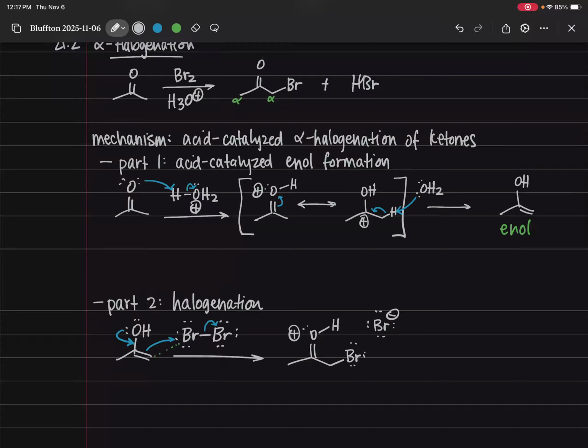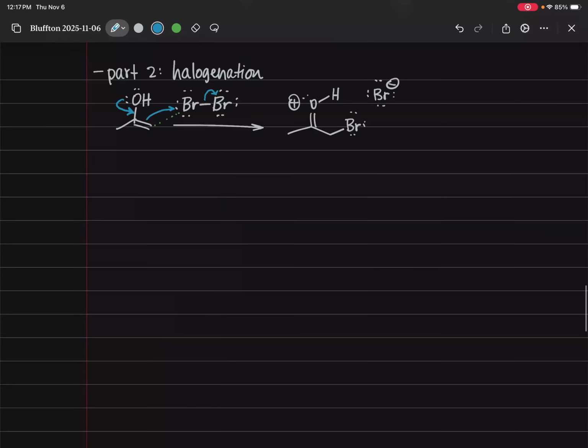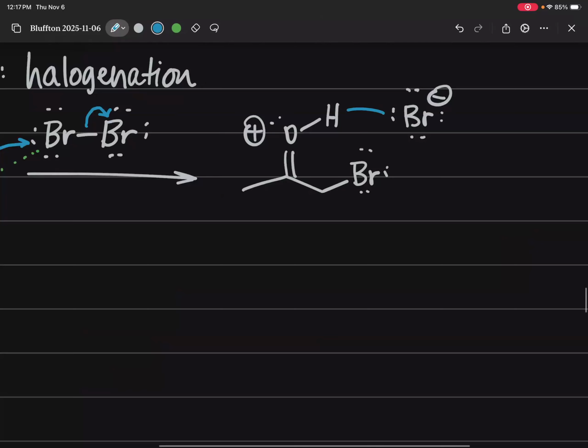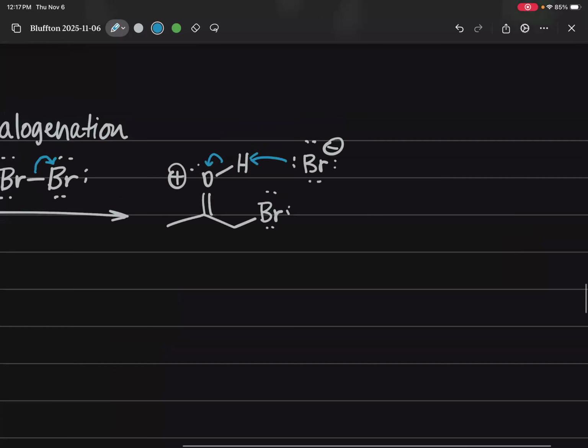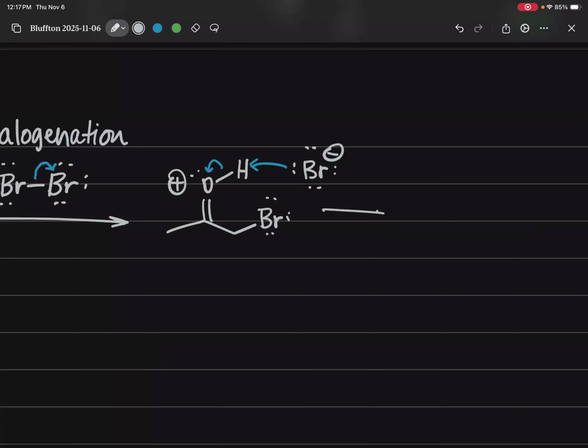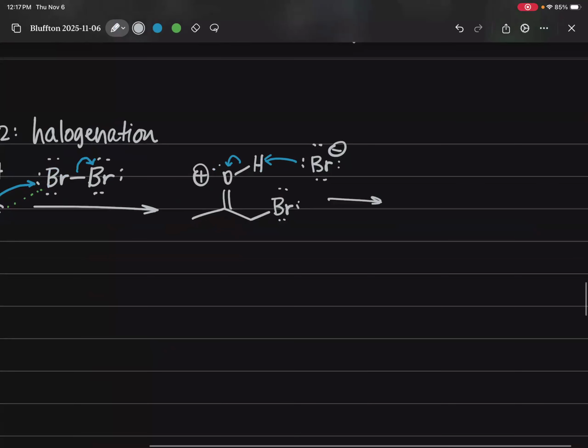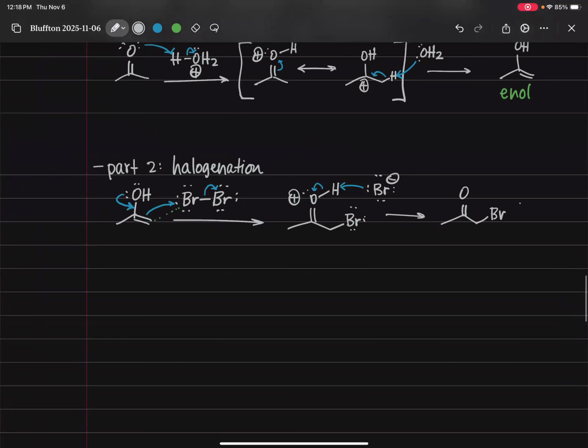So let's use the bromide, the Br minus, to deprotonate our protonated ketone. Like that. And there we go.